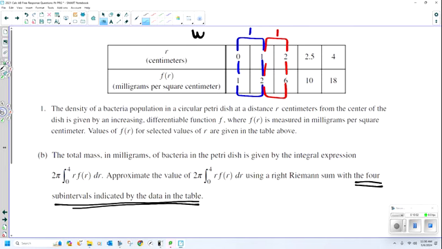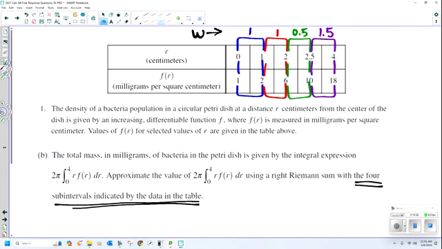From 2 to 2.5, the width is 0.5. And last but not least, we have from 2.5 to 4, and that is a width of 1.5.